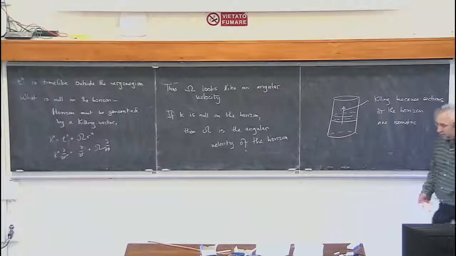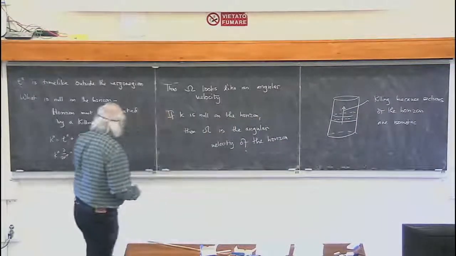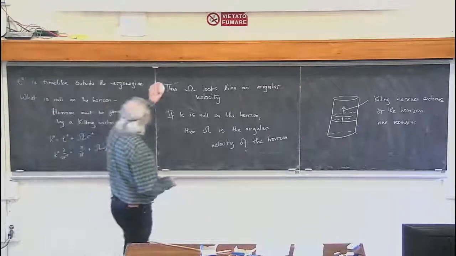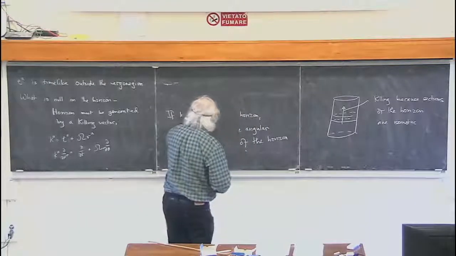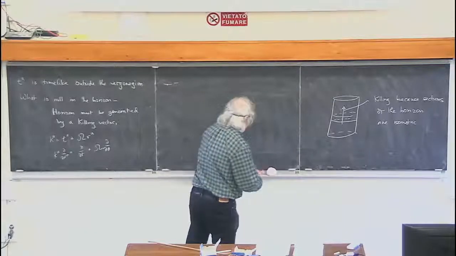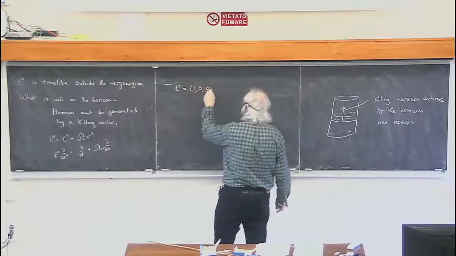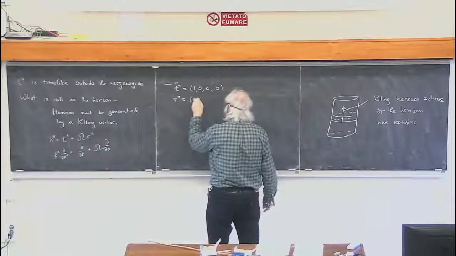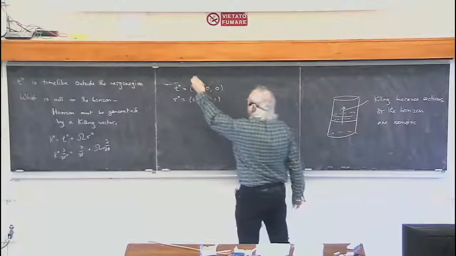So what is the angular velocity? Well, it's fairly easy to calculate. If you want this thing to be null, recall that T^a is (1, 0, 0, 0). R^a is (0, 0, 0, 1) in the language where this is t, r, theta, phi in that order.